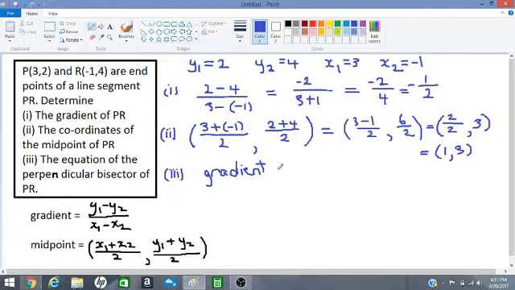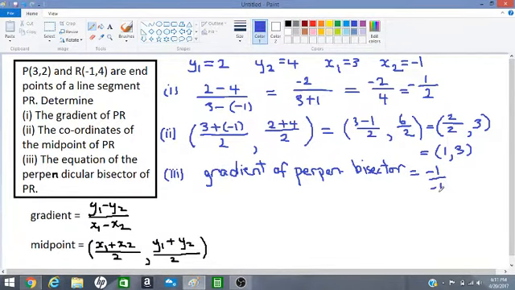So the gradient of the perpendicular bisector, the perpen bisector for short, is equal to -1 divided by our gradient of -1/2, which I circled there.